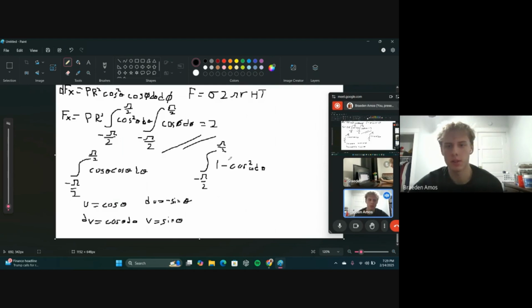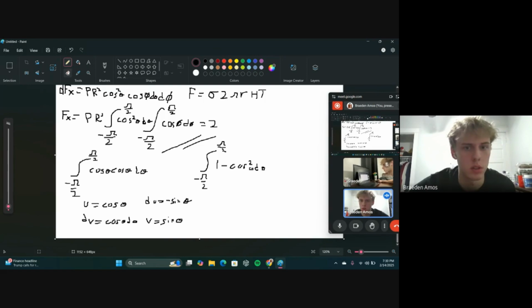What we can do with this is this originally comes from this integral right here. So we can move this to the other side. So we get 2 cosine squared theta d theta, and this is just 1. Now I'm going to rewrite the whole thing so it's more clear.